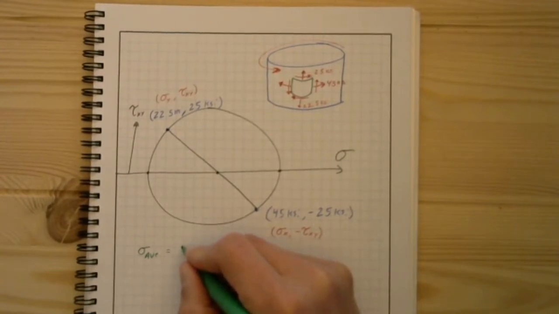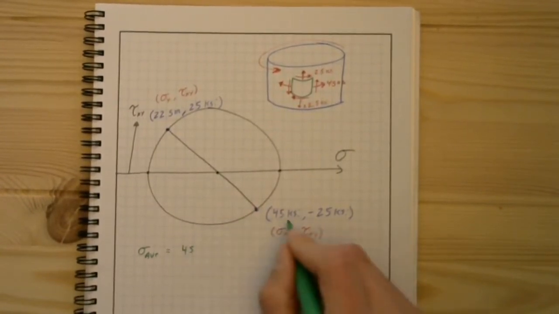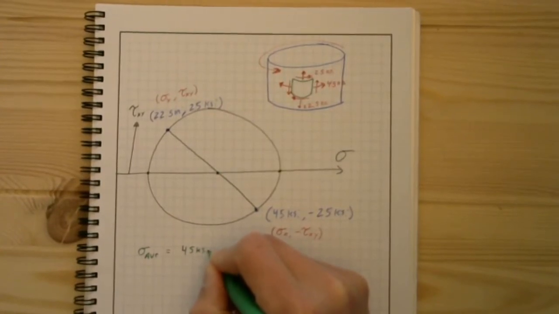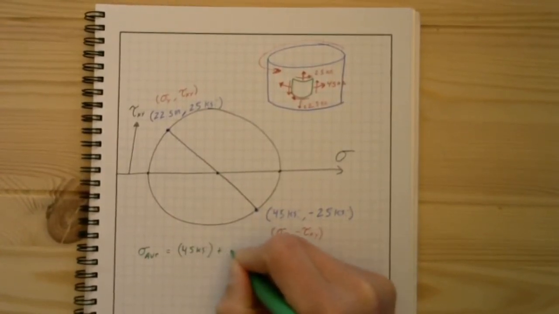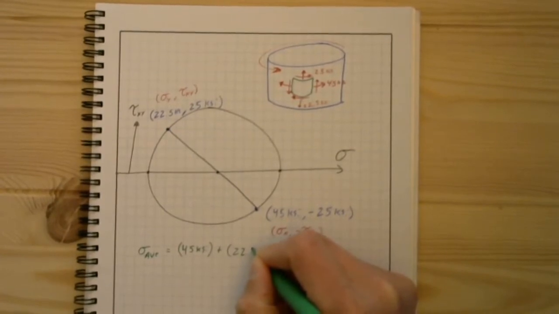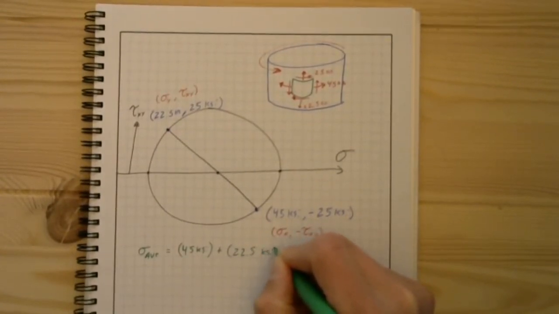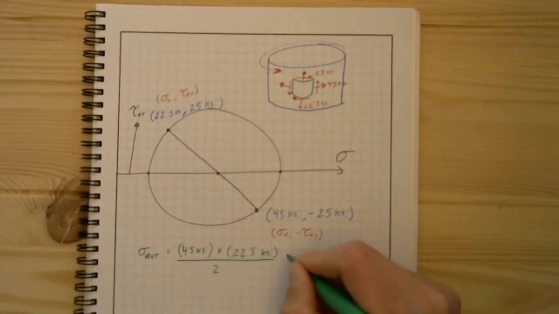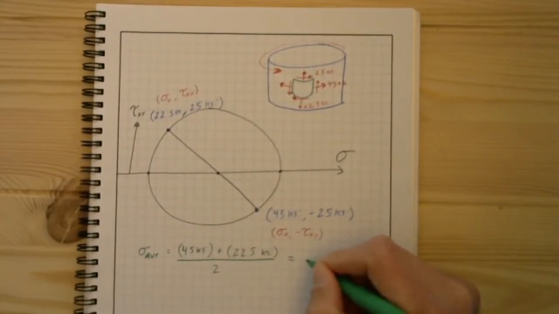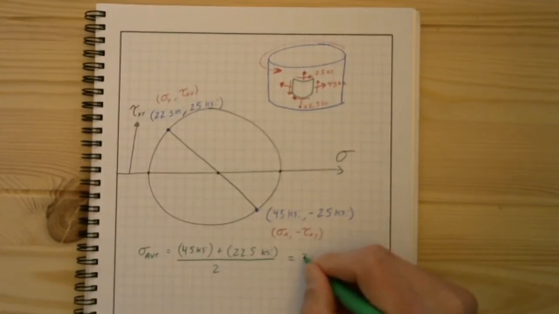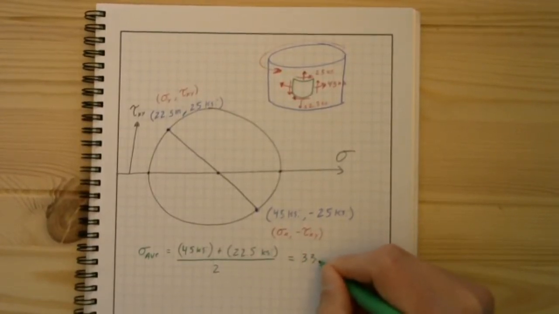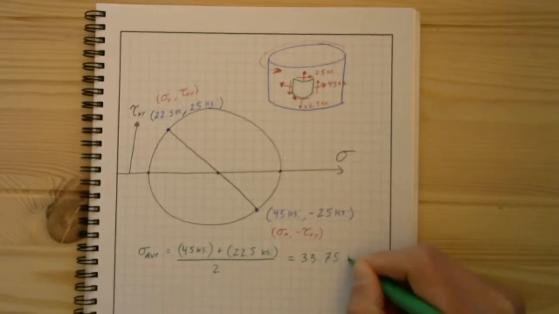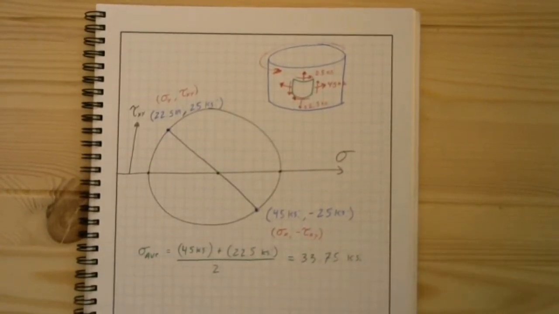So for this case, it's going to be 45 KSI plus 22.5 KSI divided by 2. And that's going to give us 33.75 KSI. Cool. We have this point now.